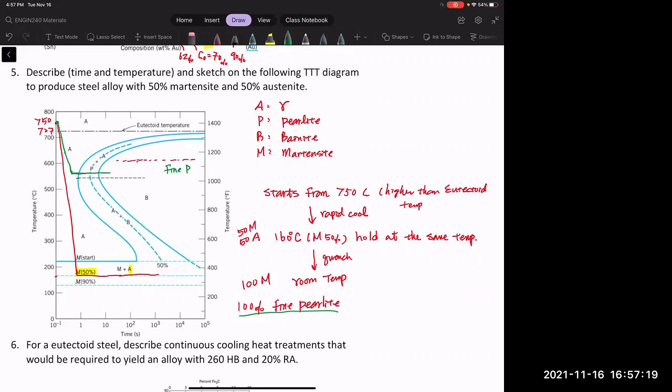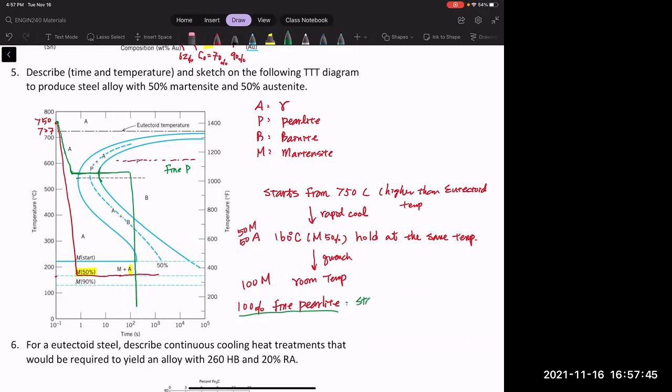Once the time goes over this 100% line, which is this line over here, then you are fine. So let's just say I go over to here, and then you have to do a quench. Okay, so the green one will be the one that you can create 100% pearlite.